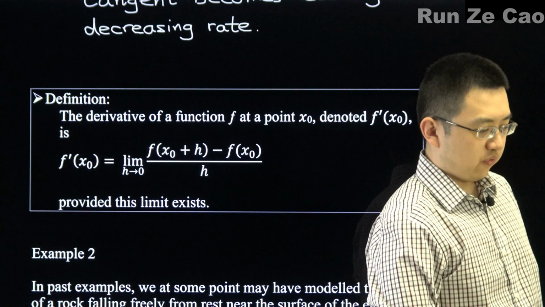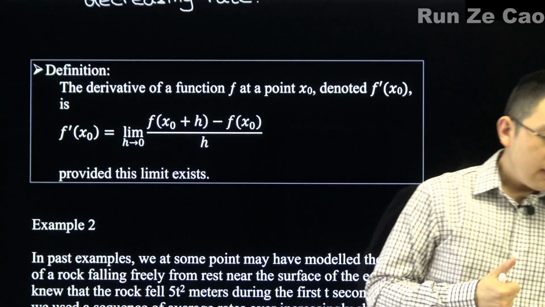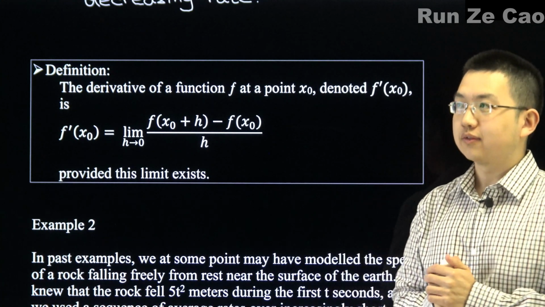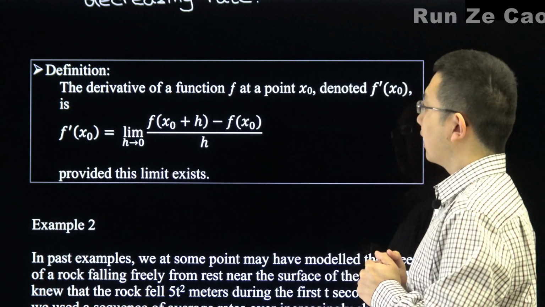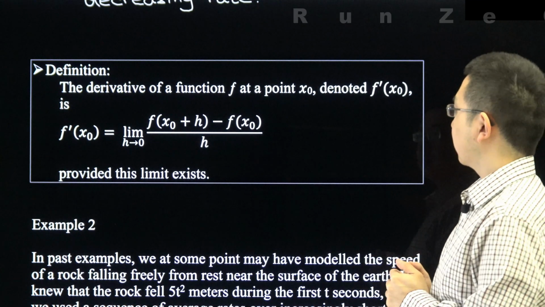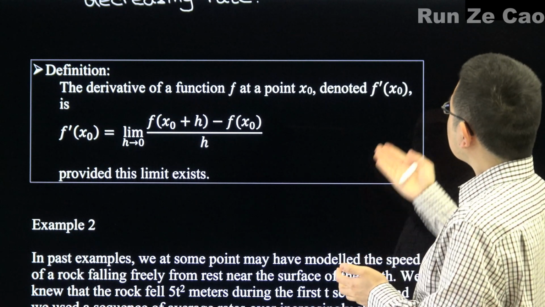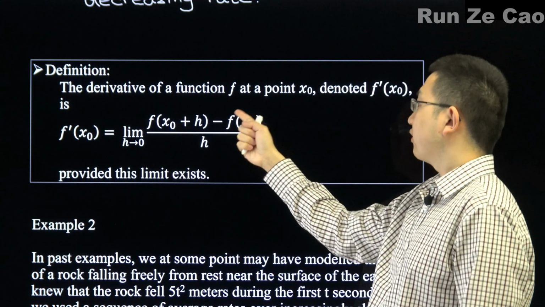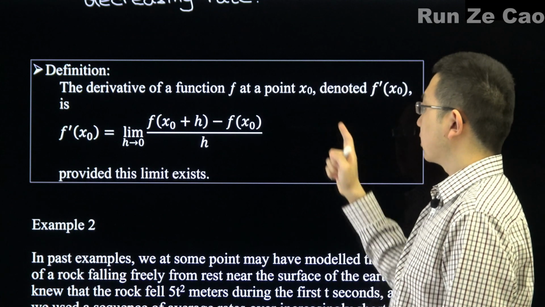Now, if we were to take the derivative of a function, hooray, we have finally used that term legitimately for the first time. We write it as f prime of x. Now, why is it here f prime of x0? Well, we said that it's the derivative of a function at a point x0.